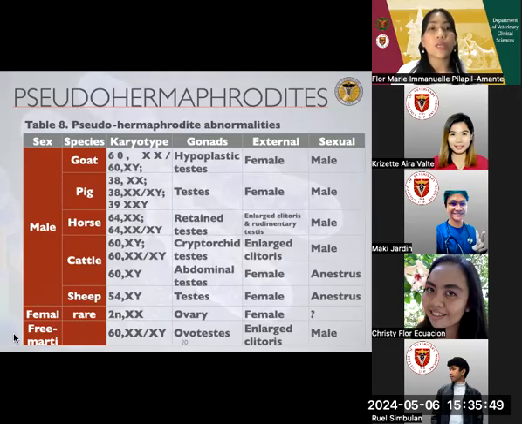And then now we have here the freemartin chimera, which can also be categorized as pseudohermaphrodites because of their small rudimentary vulva but enlarged clitoris, and they're not exhibiting the feminine external characteristics of our cattle, but they are steer-like.